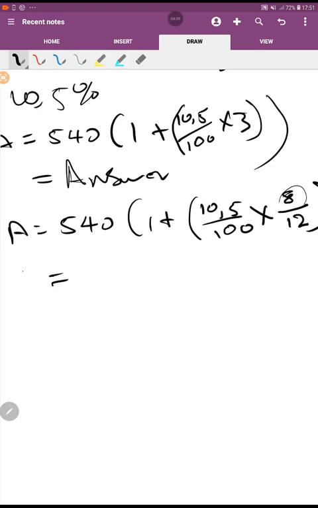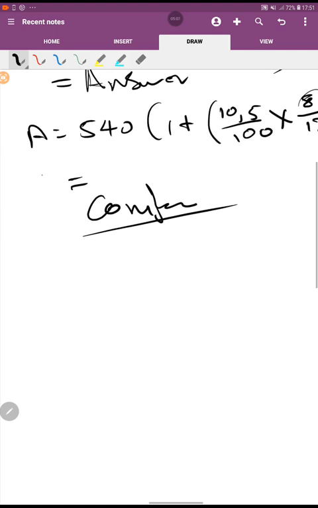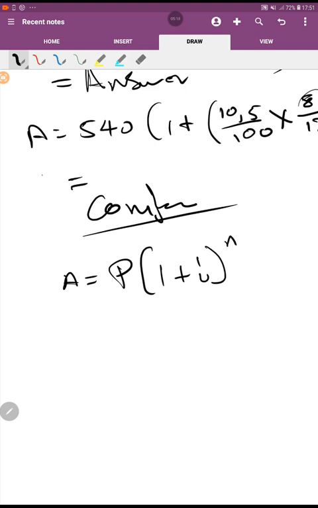So when you do compound interest, let's say compound interest, right? You are going to say A is equal to P, open brackets, 1 plus I, close brackets, then the exponent of n, right? So this is how it is. You know that in compound interest, the n is now an exponent.